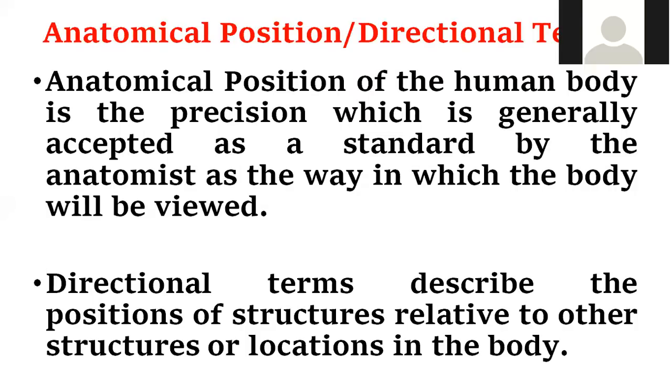Now, talking of directional terms, this one describes the position of a structure relative to other structures or locations in the body. So when you are talking about directional terms, you know it is relative. There is no way you can actually discuss a term without making reference to another structure of the body.